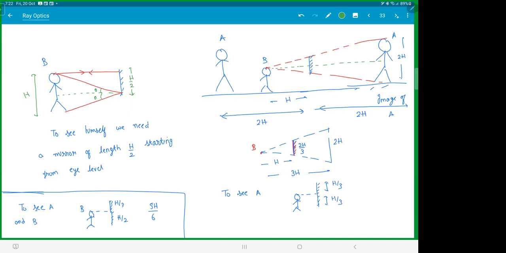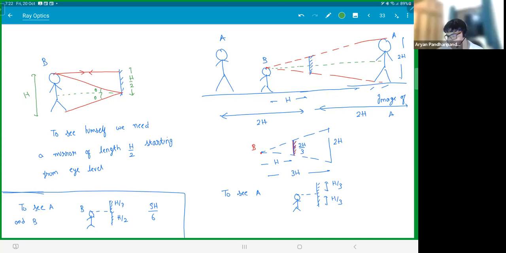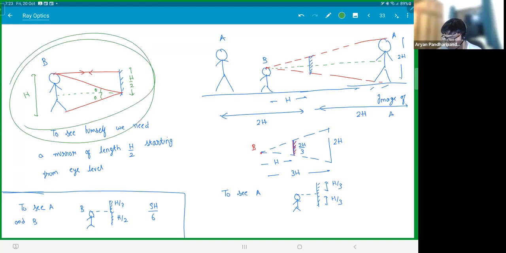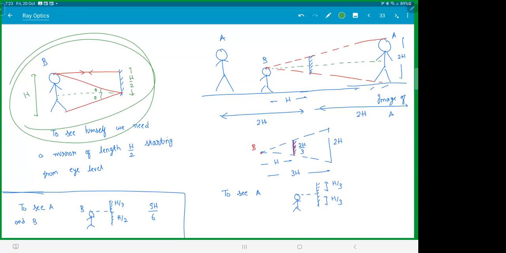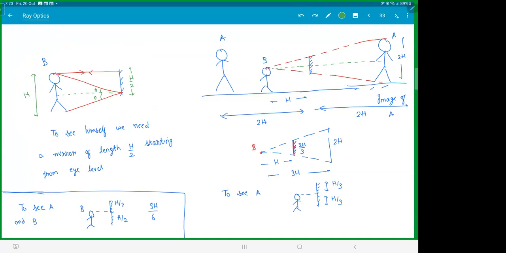How much above eye level? H by 3 to see A. So you need to have both of them. Sir, why h by 2? First case. We are combining both the cases, seeing himself and seeing the other one. Clear with this, everyone? Any doubts on this?